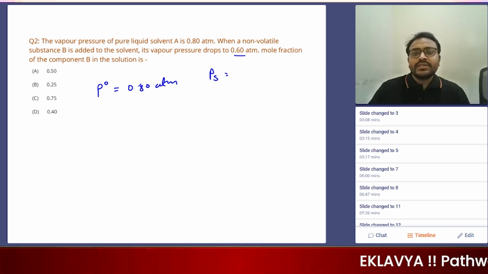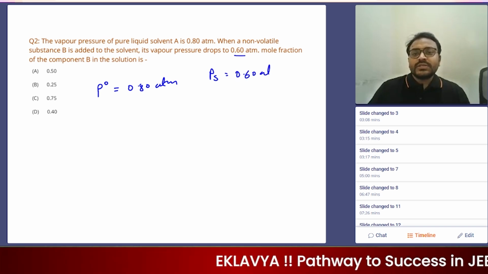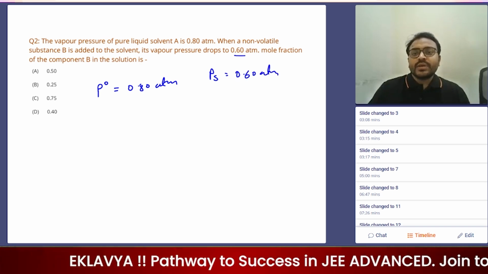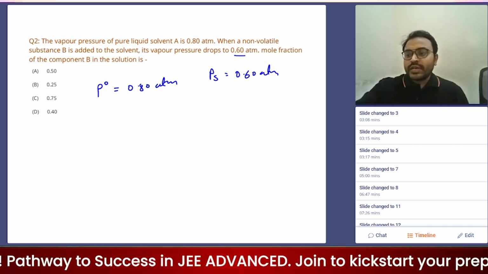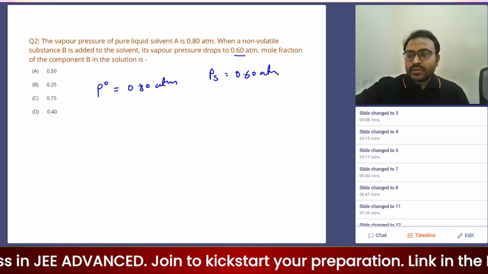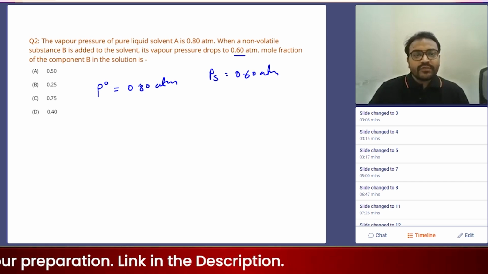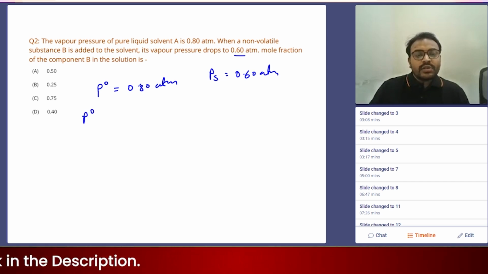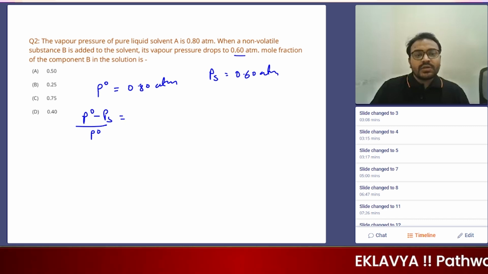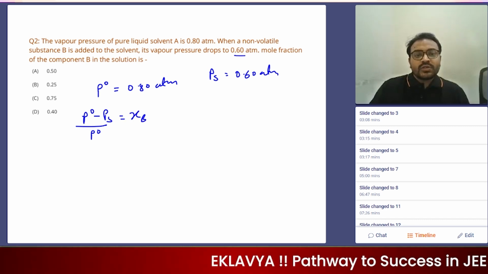It means that this is the value of PS, 0.60 atm, and the mole fraction of the component we have to find out. To calculate the mole fraction, there is a formula: relative lowering in vapor pressure, P naught minus PS divided by P naught, equal to mole fraction of solute.